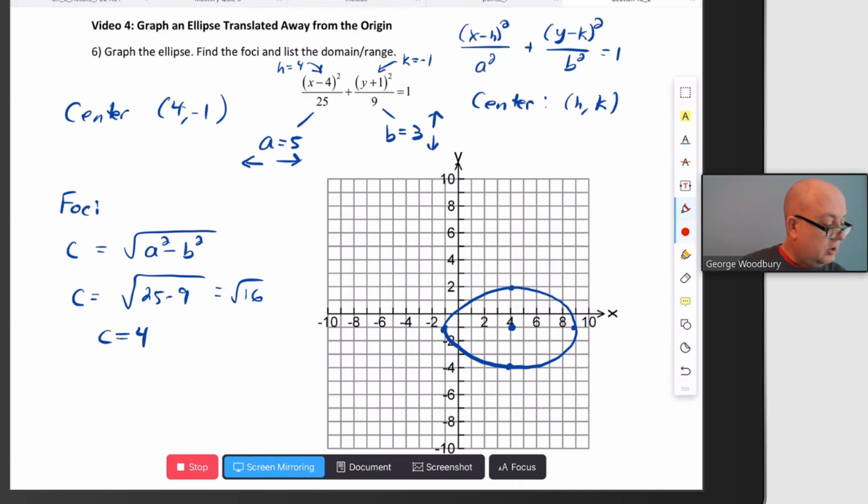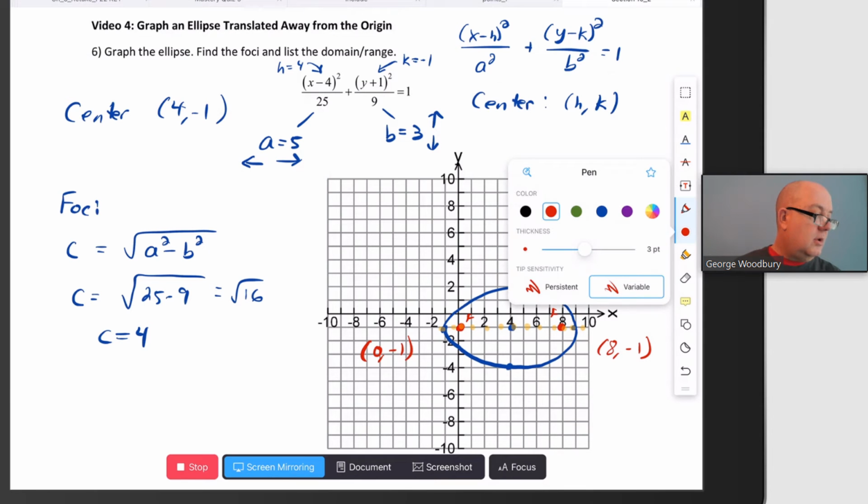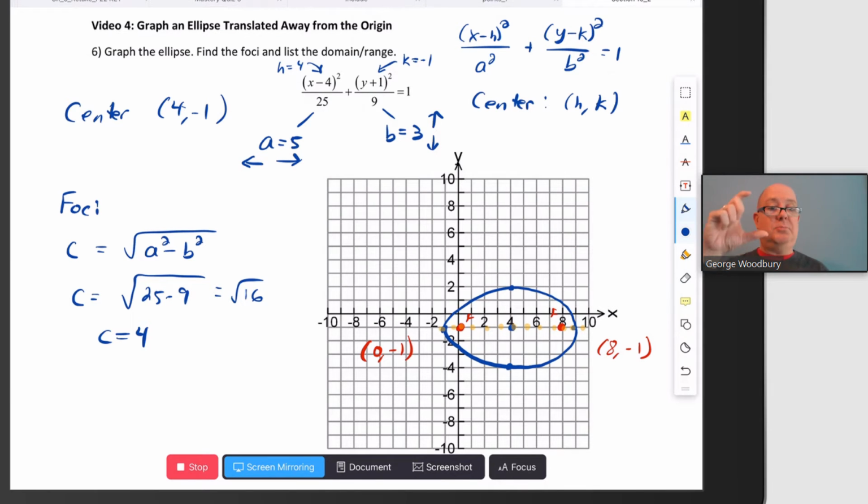Moving 4 units to the right is at the point 8, negative 1. 4 units to the left is at 0, negative 1. And those are the two foci for this ellipse. Just put some dots on the major axis. All right, let's try it again, but with the major axis being vertical.